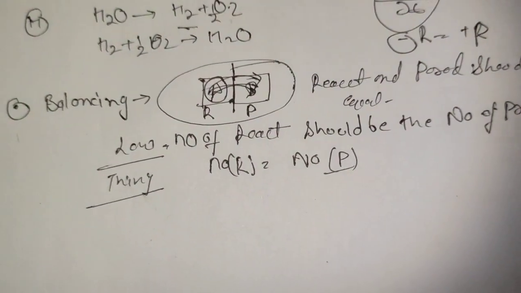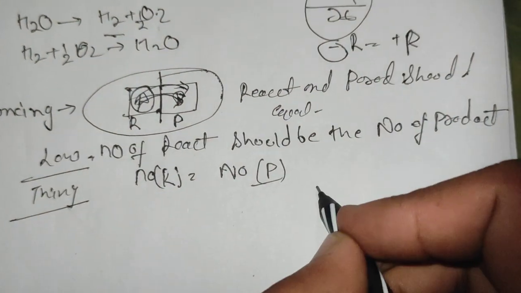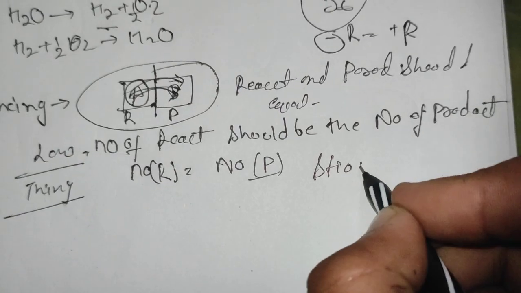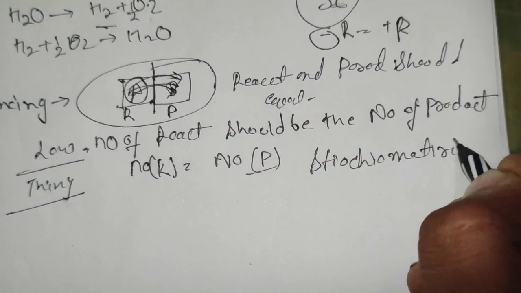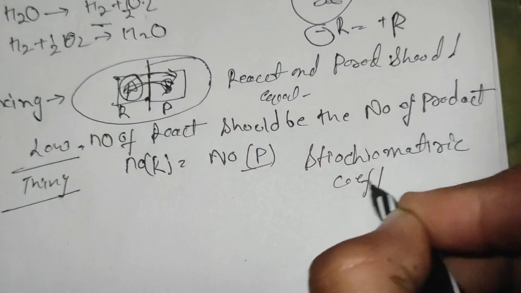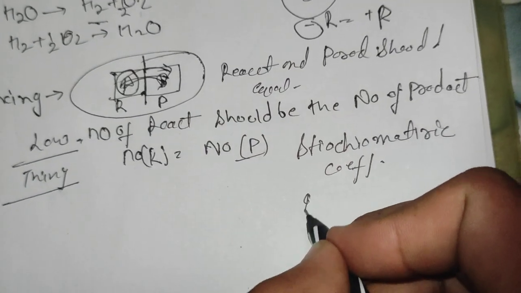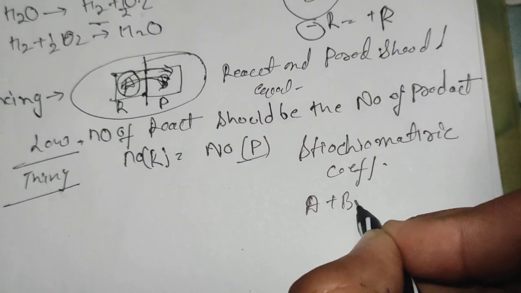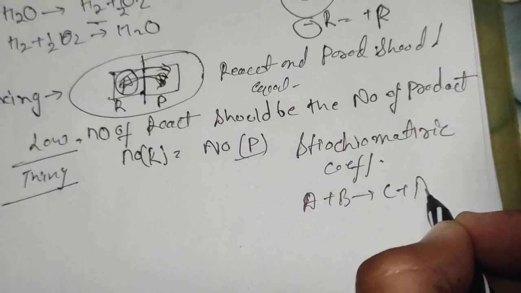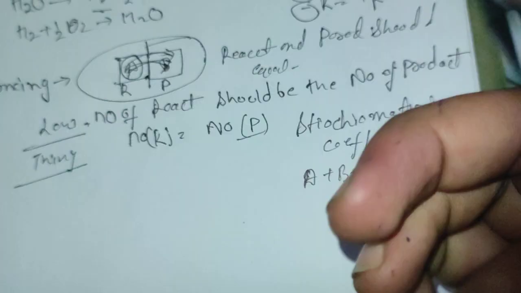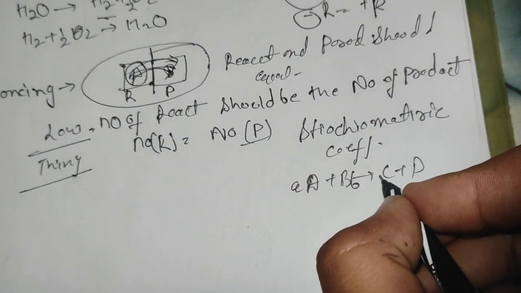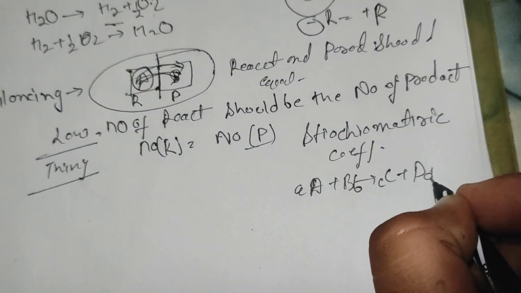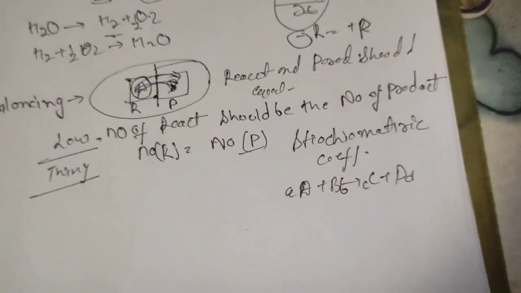Okay, I mentioned the stoichiometric coefficient. It means, for example, a chemical reaction is A plus B gives the product C plus D. So some amount of A is used and some amount of B is used, and some amount of C and some amount of D is obtained.